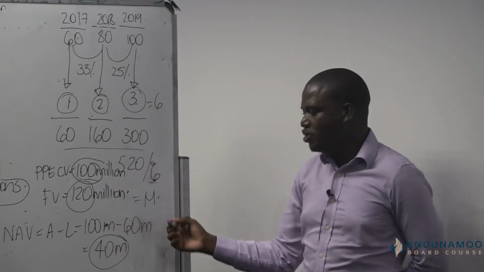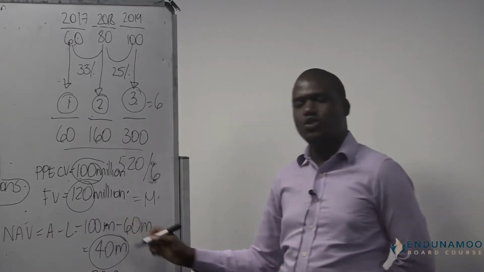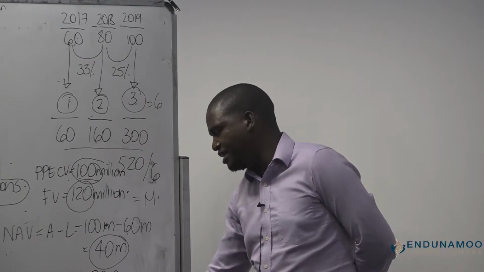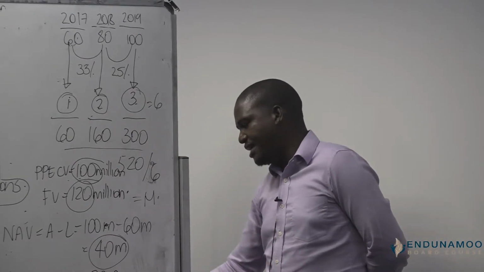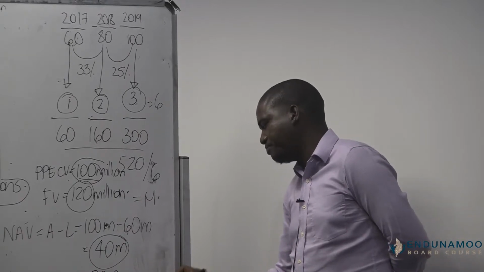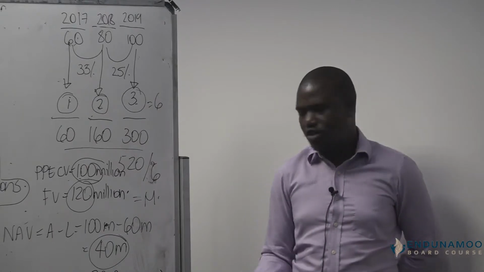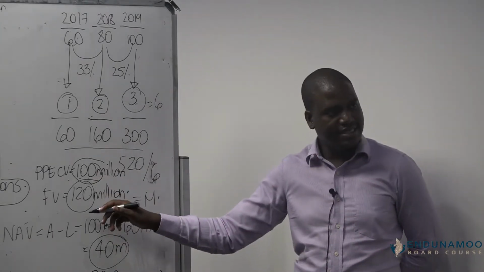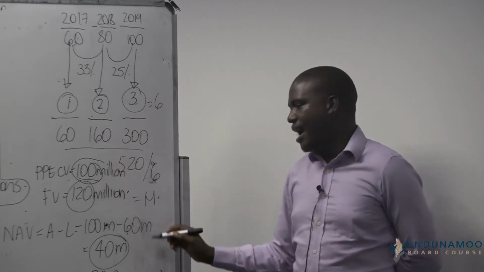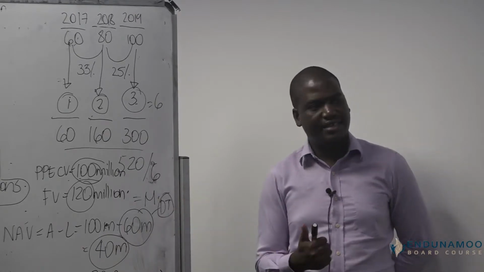So what I will need to do is to provide for the 20 million that was not already provided for. Then I need to provide for the tax implication. The tax implication will be on only the 20, not on selling the entire asset, because the assumption is that any other tax effects are included in the liabilities through deferred taxes.